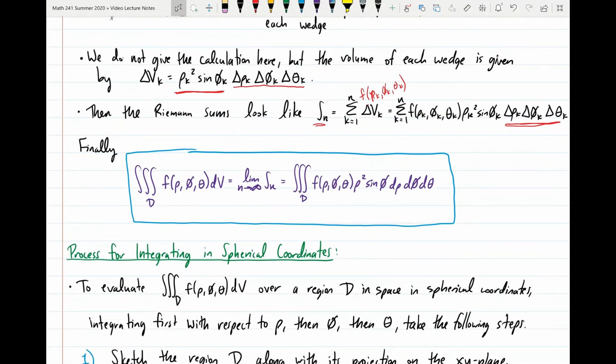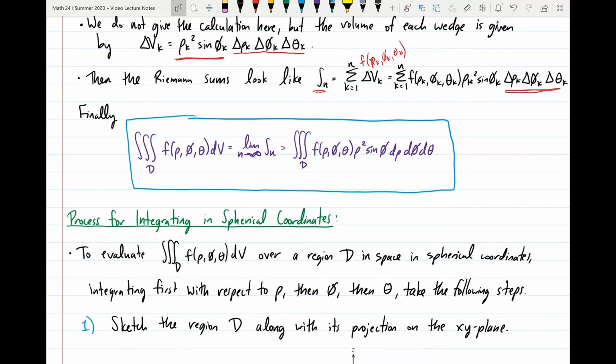And the importance of this is that the triple integral of f of rho phi theta, just some function given in spherical coordinates over a region D, is still going to be defined as the limit as n goes to infinity of these Riemann sums, these S sub n's, and that is going to be equal to the triple integral of f of rho phi theta times rho squared times sine phi. So we have this that gets carried inside of here, d rho, d phi, d theta over the region D.